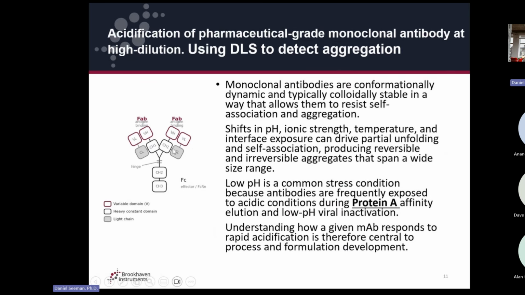They're also held together by a series of disulfide bonds, and so even a small amount of unfolding can result in potentially irreversible aggregation. Obviously pH, ionic strength, and temperature can all affect this. As we said earlier, low pH is unavoidable when you're purifying monoclonal antibodies, so you really should know how your specific mAb responds to low pH conditions.